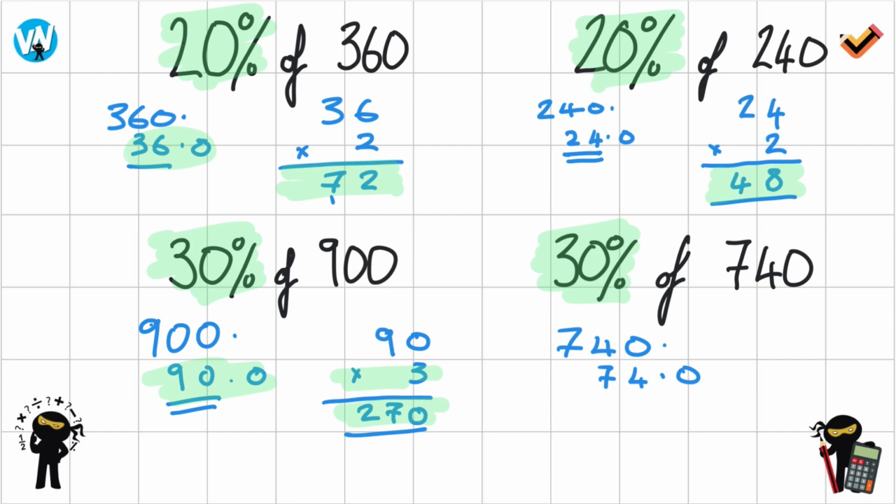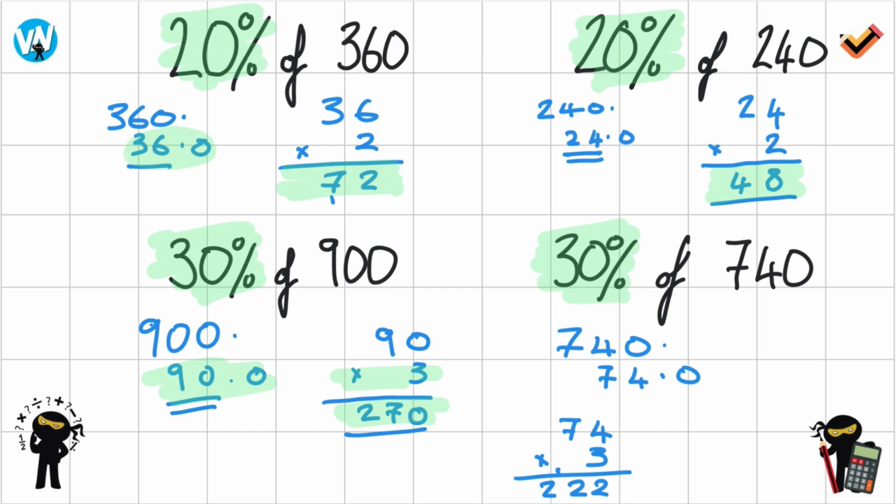Or you might just want to go into a short multiplication and go, right, I'll just do 74 times 3. Very simple. 4 times 3 is 12, carry the 1. 3 times 7 is 21, add the 1 is 22. Okay, so we've got a nice even number of 222.